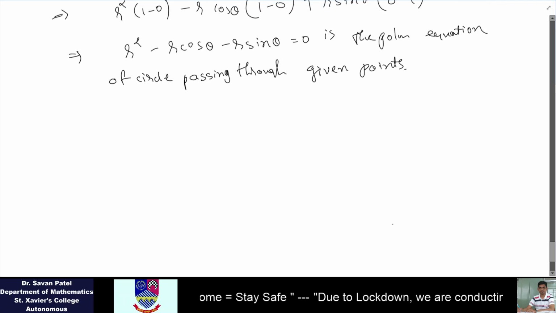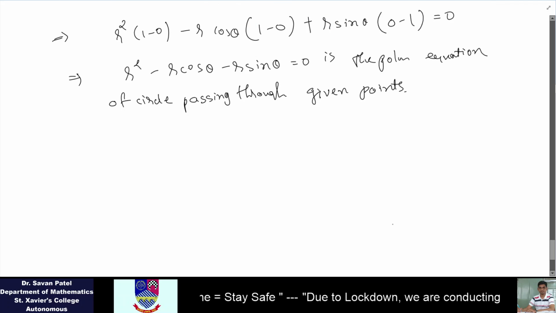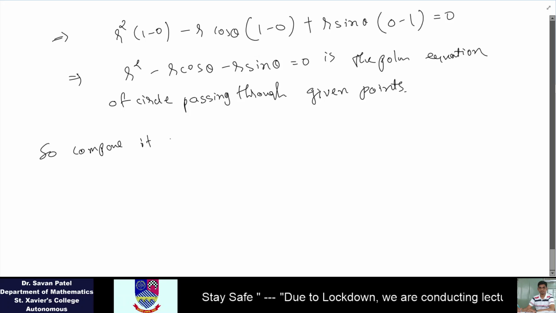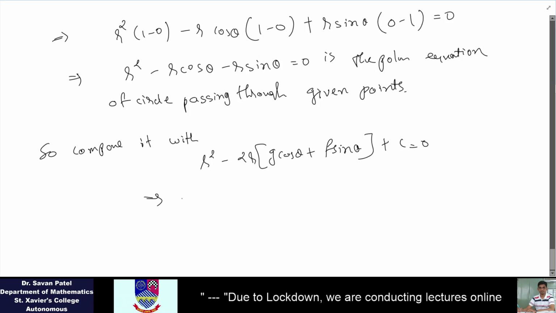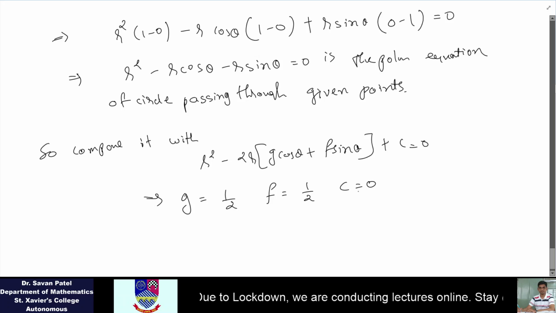Now you are supposed to find out the center and radius. So compare it with your general equation, that is r² minus 2r (g cos θ plus f sin θ) plus c equals 0. So that implies g is 1/2, f is also 1/2, c is 0. Here it is 1 and here we require 2, so it is 1/2.